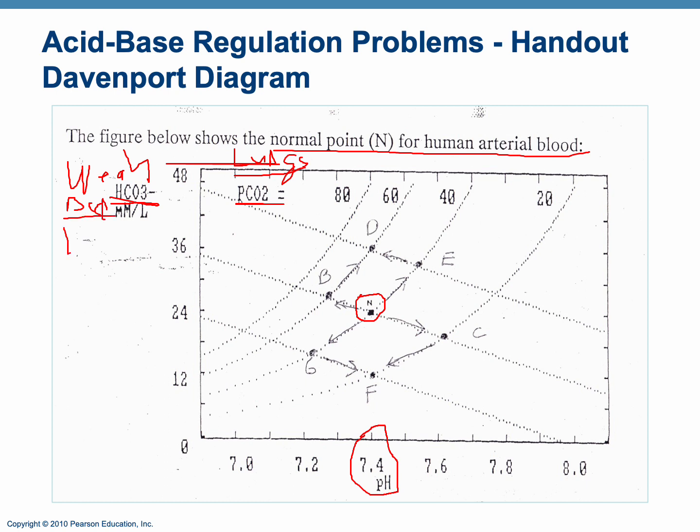And this is referring to the work of the urinary system, the kidneys. So partial pressure of carbon dioxide gas, again, is referring to the lungs.